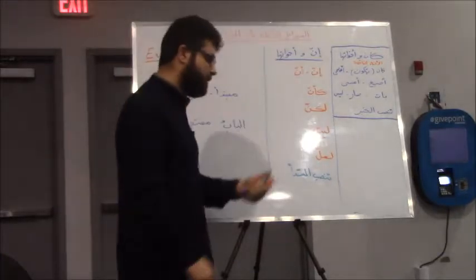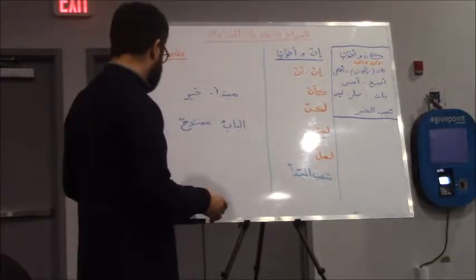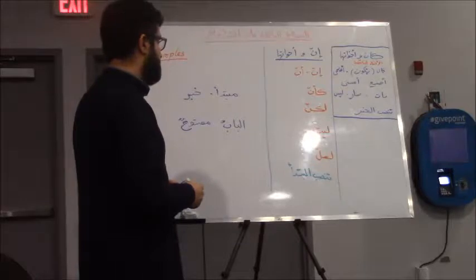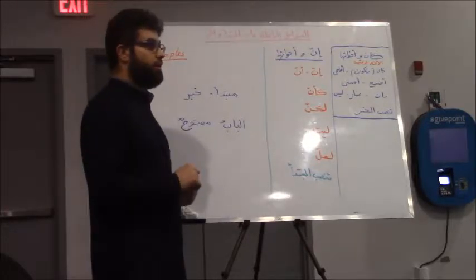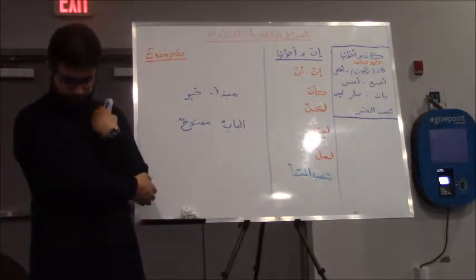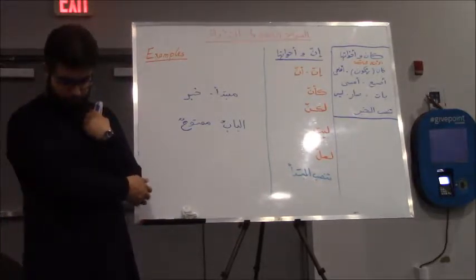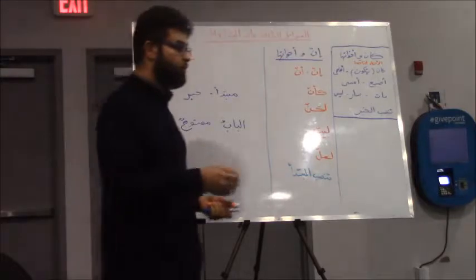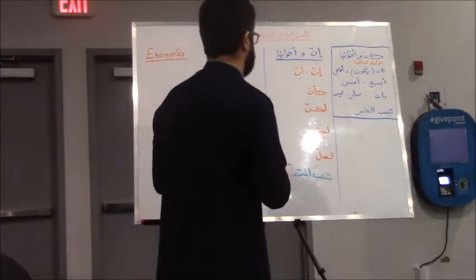What are they called? They're called al-huruf al-mushabbaha bil-fi'l. They're called the prepositions that are similar to verbs. All right. So they are al-huruf al-mushabbaha bil-fi'l. I'm going to write that somewhere here.